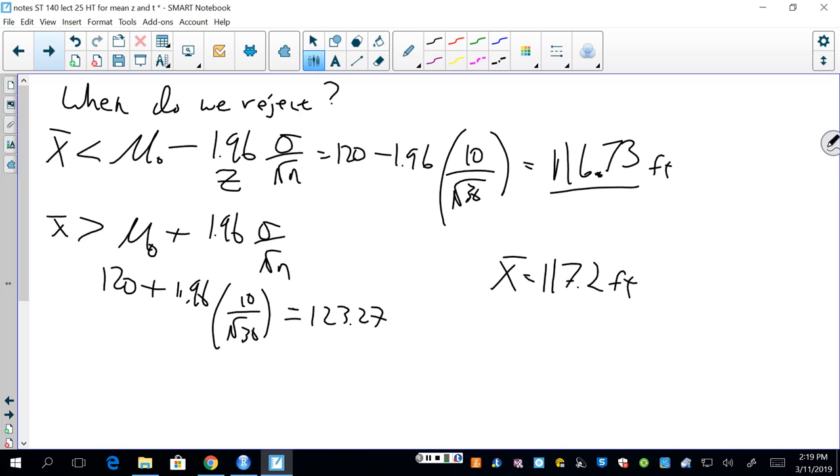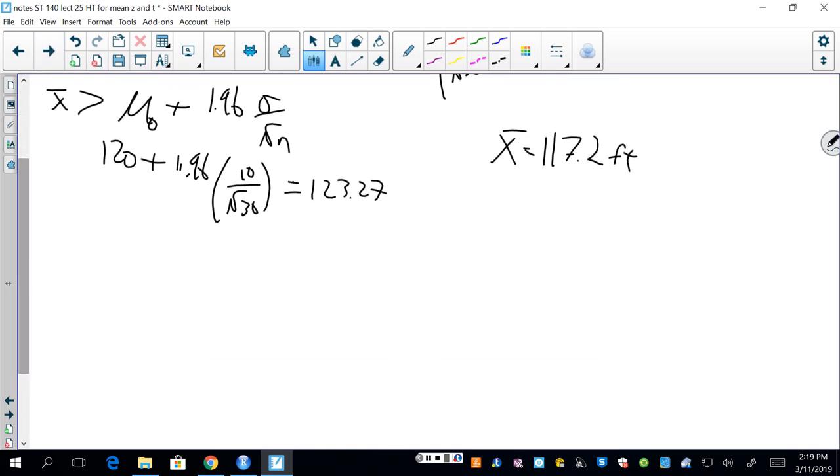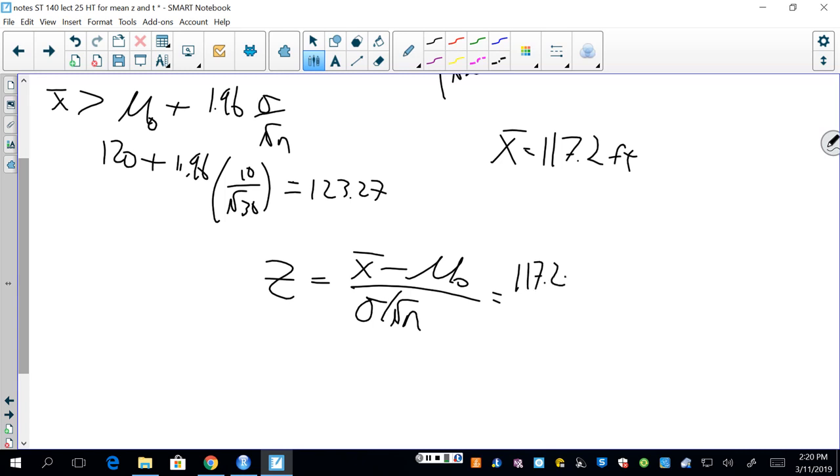What would be the z statistic associated with this if we had done it that way? We take x bar minus the null hypothesis value over sigma over the square root of n. So that z value is 117.2 minus 120, and then 10 over the square root of 36, which gives negative 1.68.